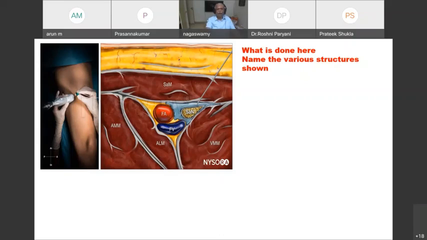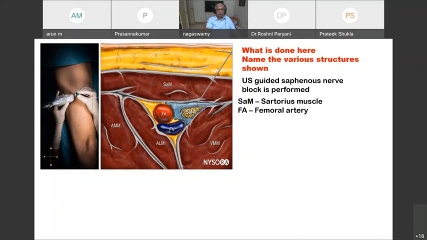Very good. Excellent. So this is an ultrasound guided saphenous nerve block that is being performed, and the structures named are sartorius muscle, that is SAM, femoral artery, femoral vein. SAN is saphenous nerve, where you can see the needle is here, and the local anesthetic is being deposited here.